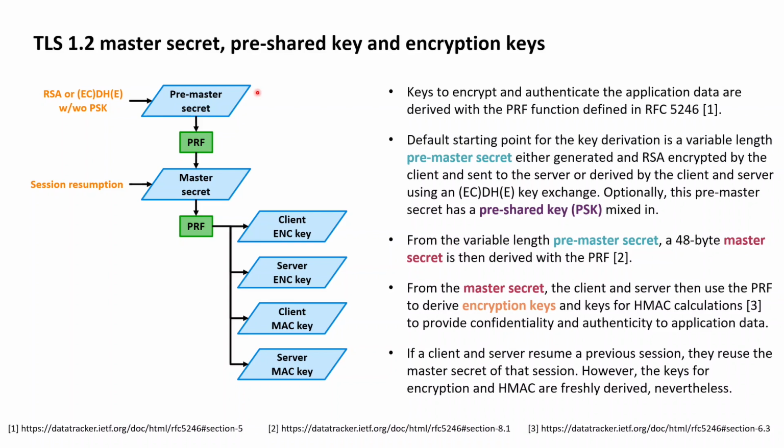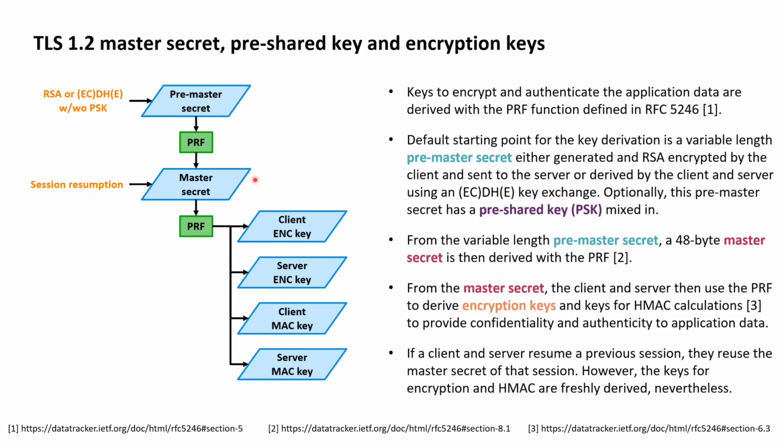From the variable length pre-master secret, TLS 1.2 then uses the pseudo-random function PRF to derive a fixed length 48-byte master secret. If a client and a server would decide to resume a previous session, then the client and the server would reuse the master secret that was established in the previous session.